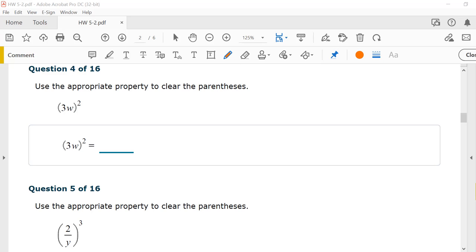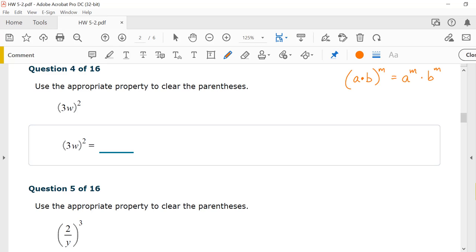Okay, before we do question number 4, I'm going to give you 2 new rules. We're going to see the rule a times b to the m. When you're multiplying, you can give that exponent to both factors. That's a to the m times b to the m.